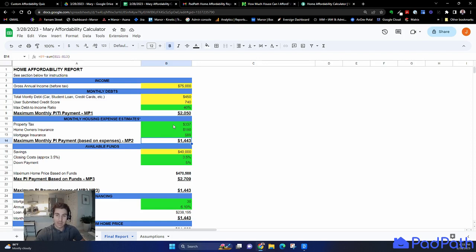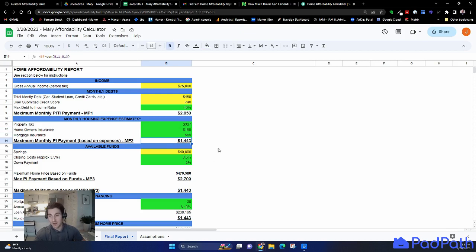Essentially, it is taking the maximum amount of property tax, homeowners insurance, and mortgage insurance, so essentially the three major housing expenses that Mary would have to incur by purchasing a home, and it's valuing those right here. The other one would be the homeowners association, which we do not know at this time because Mary hasn't identified a home. But we can safely calculate these.